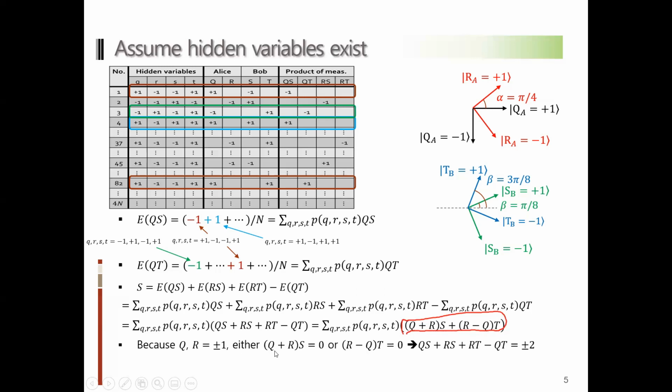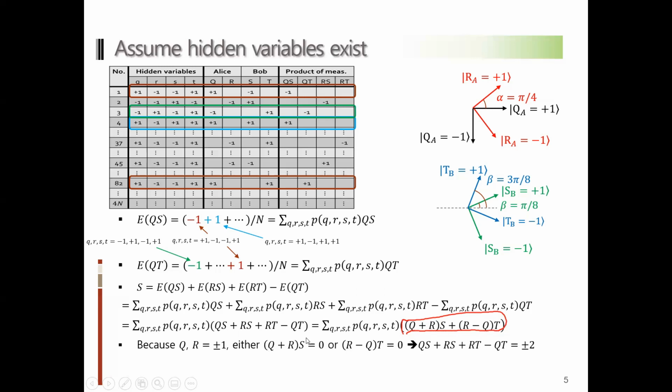In that case, Q plus R should be 0. So the first term will be 0, while the second term is not. Whenever Q and R have the same value, the second term is 0, but the first term, Q plus R, will be either +2 or -2.